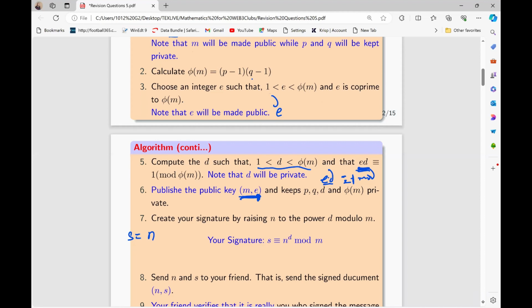Take this N, your message, and raise it to D, the inverse of E, mod M. This is the signature. So the signed document is the document that you had and the signature.